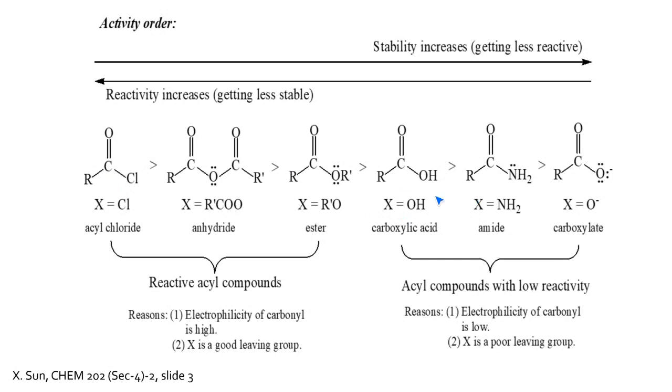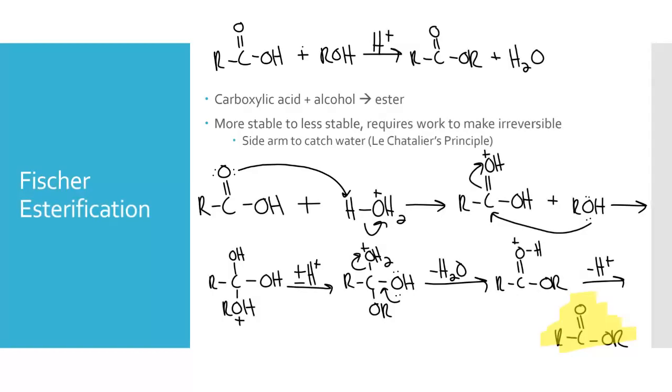But this one is down near this side of the line, so its electrophilicity isn't strong enough to combine with an alcohol just yet. So we'll have to do the protonation thing that we should be familiar with by now. That's why we catalyze with acid: we're going to protonate this carbonyl oxygen up here.